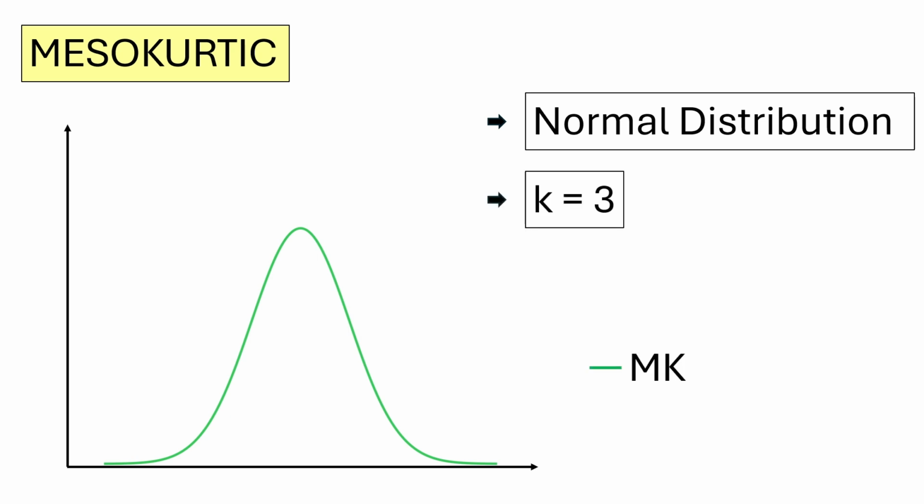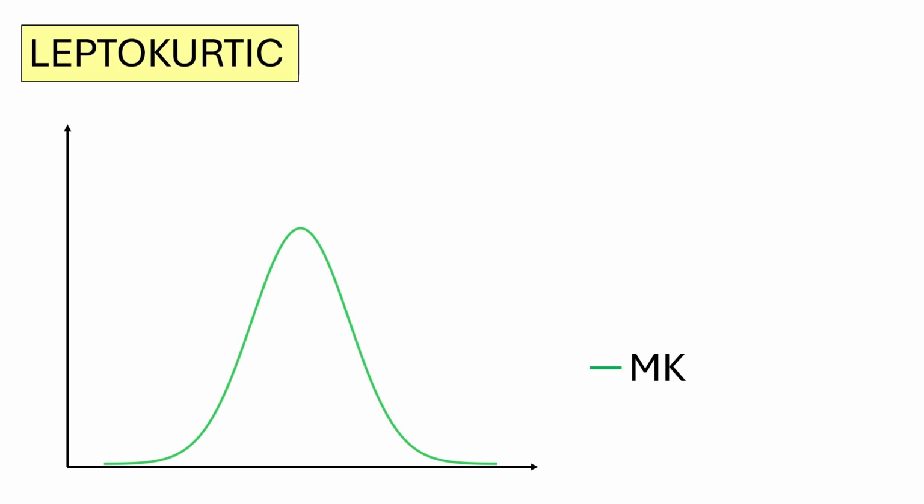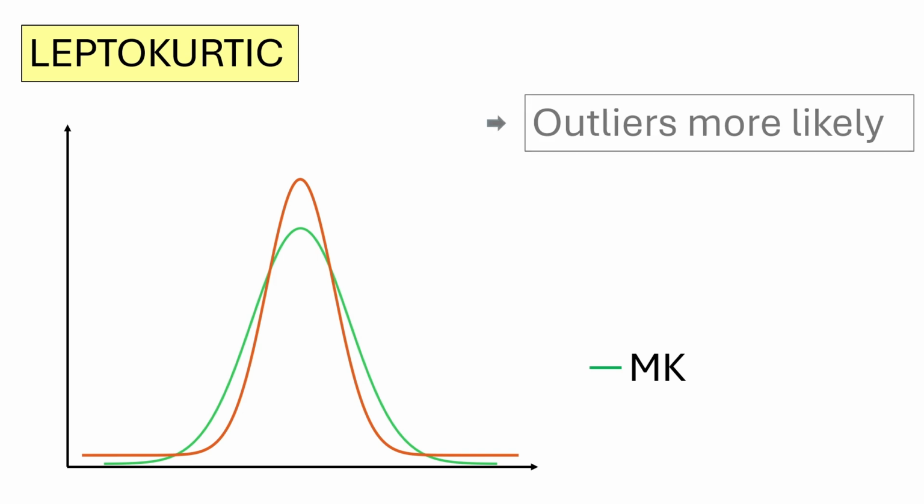The second one is Leptokurtic. Its curve looks something like this, and you can see from the curve that outliers are more likely to occur. Why? Because you can see in the curve that the tails are more extreme than this normal distribution curve, than this mesokurtic curve. Its center also often looks sharper and more peaked than the normal distribution curve.